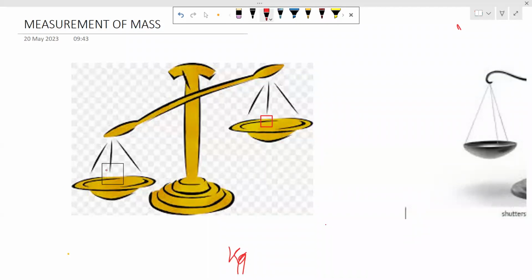See, this block is bigger, means it will be of greater mass. This block is smaller, it will be of lesser mass.